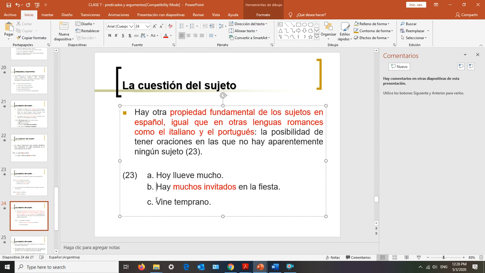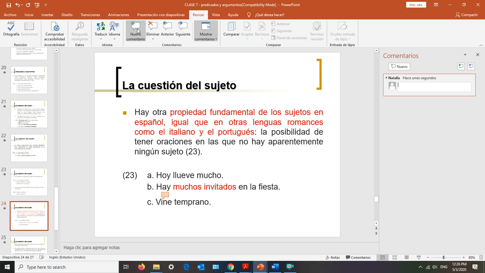And this is an instance in which we have no canonical realization of the subject as a nominal constituent, but rather we can retrieve it from the verbal inflections.